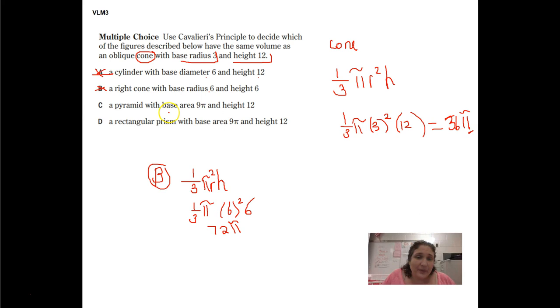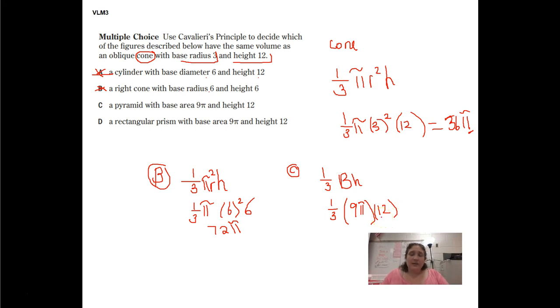Choice C, a pyramid with a base area of 9 pi and a height of 12. If we look at the formula for a pyramid, it's 1/3 times the base area and the height. So I'm going to do 1/3, the base, they tell us, is 9 pi, and the height is 12.